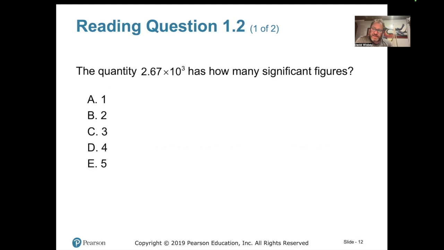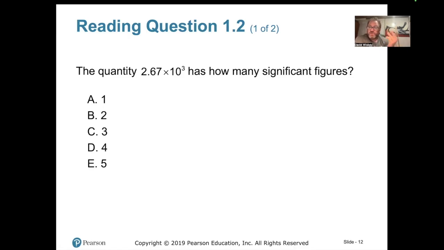The question is, how many significant figures does it have? Hopefully you know that the answer is three, and not four. That's really important when you're doing calculations, and when you enter your answers into the software, you have to do significant digits.